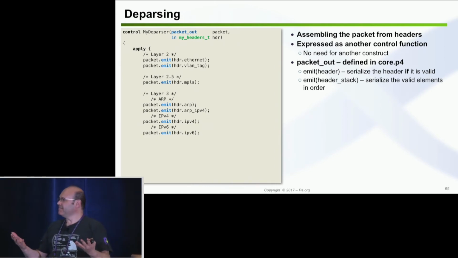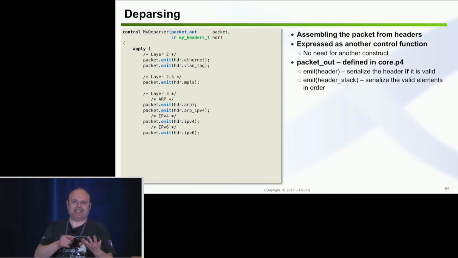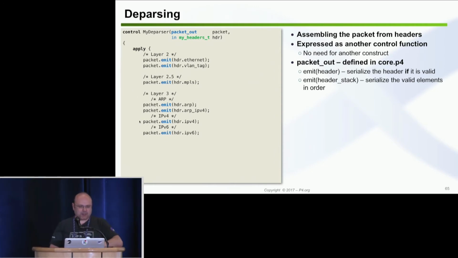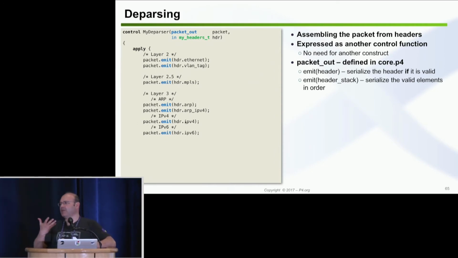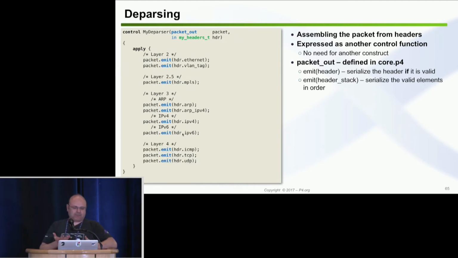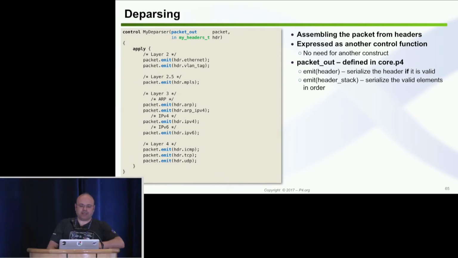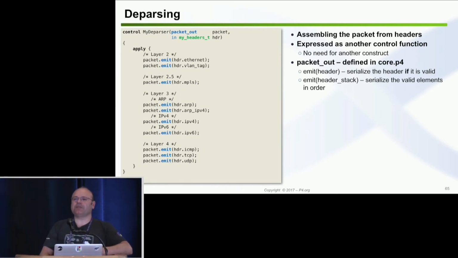But in a single packet, you typically have either ARP or IPv4 or IPv6, right? So that's why, out of these 4 statements, either the first 2 will be executed, like will have any effect, or this one or this one. And then we'll get to emit layer 4. So these deparsers are very, very easy to write. In fact, we can simplify it much better.